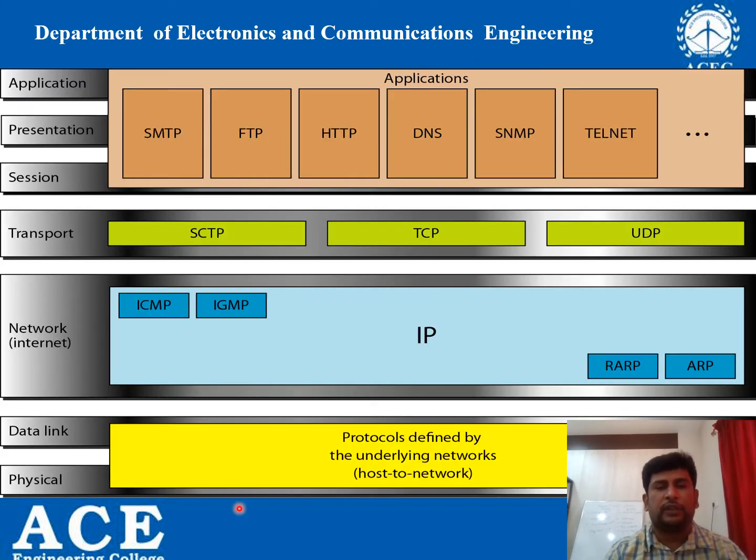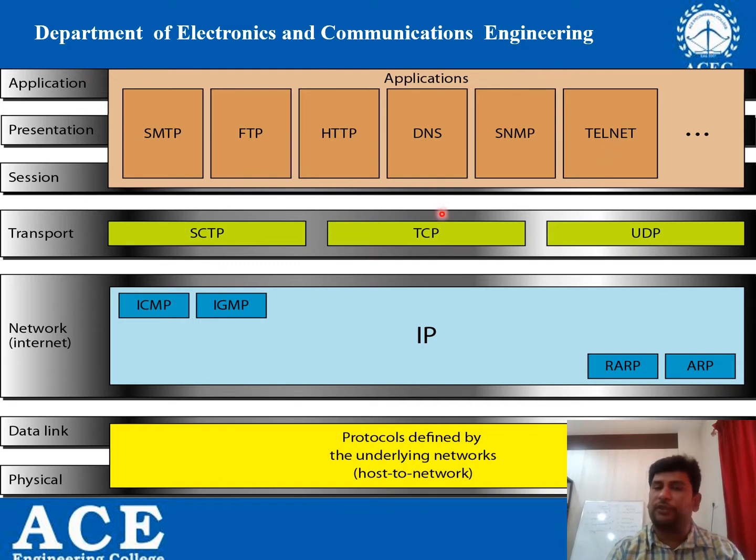Right. So here you have your OSI model compared with the TCP/IP model. We know that in the OSI model we talk about the functionality of the layers, whereas in the TCP/IP model we will be referring to the protocols. So referring to our TCP/IP model, the major used application layer protocols are SMTP, FTP, HTTP, DNS, Simple Network Management Protocol, and for remote login we are using an application protocol called Telnet.